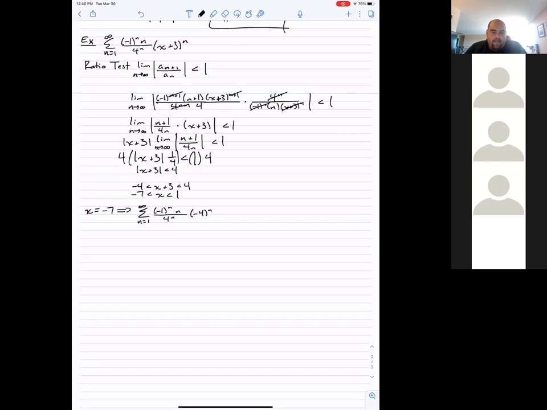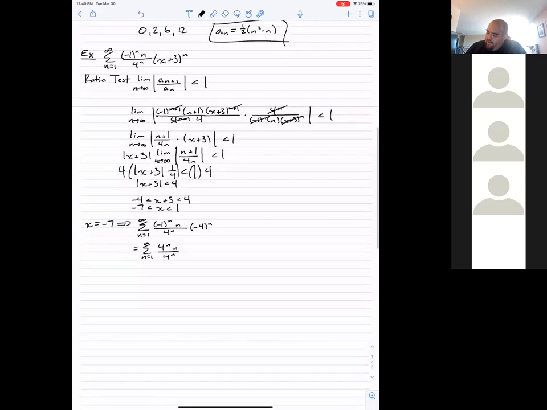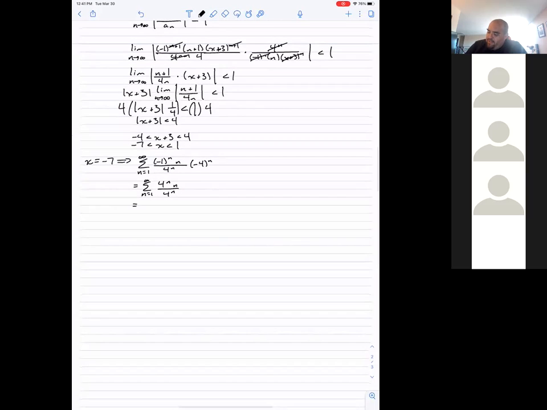With the negative, the negative's going to affect the alternation, but that shouldn't matter. Yeah, so I'll take this a little slower, but that is essentially what's going to happen. I'm going to combine -1 to the n times -4 to the n, and that'll become 4 to the n times n over 4 to the n. And then those will nicely cancel. So I have the series of 1 over n.